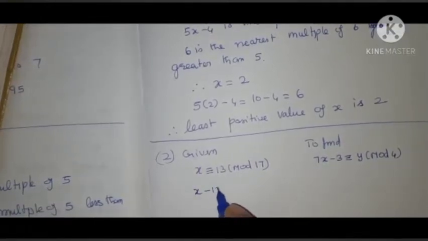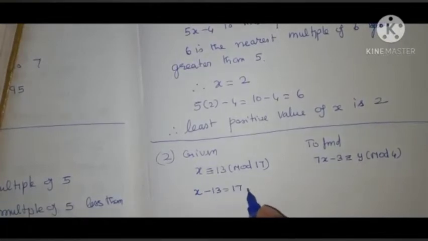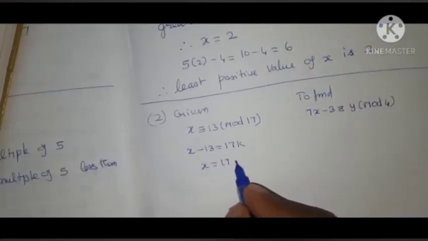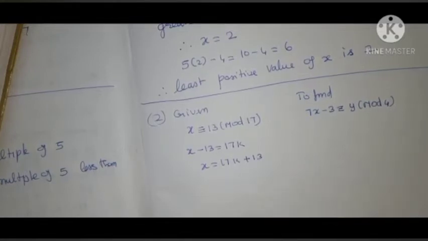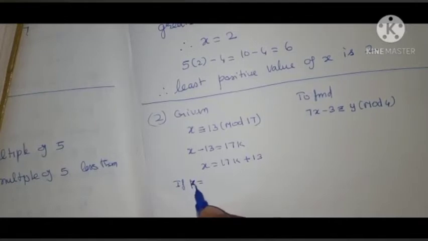x minus 13 is equal to 17k, so x is equal to 17k plus 13. If k is equal to 1, x is equal to 17 into 1 plus 13, which is 17 plus 13, so x is 30.